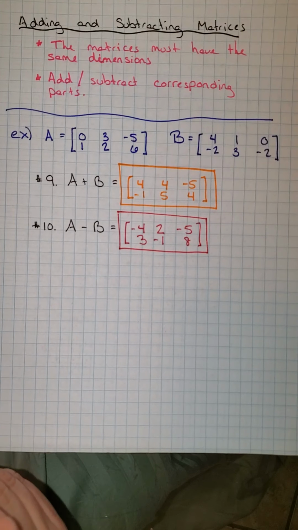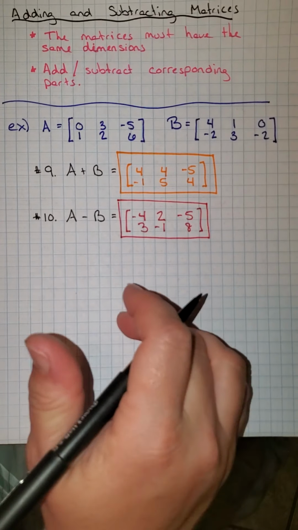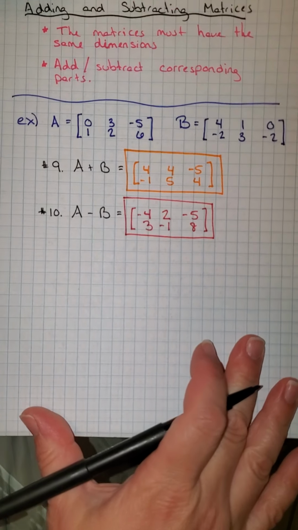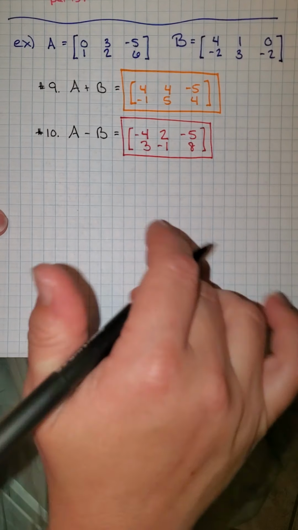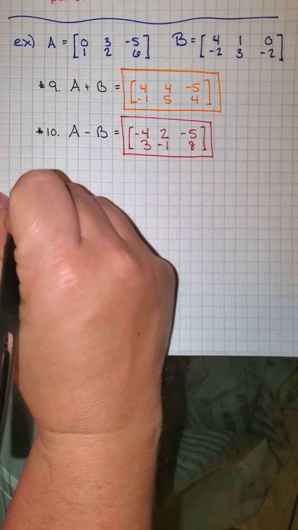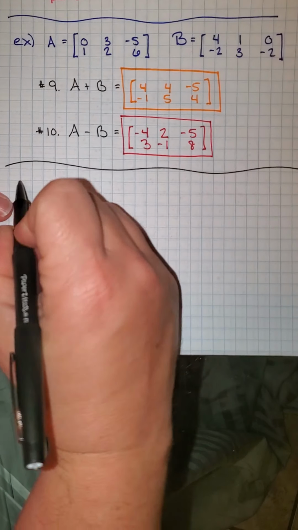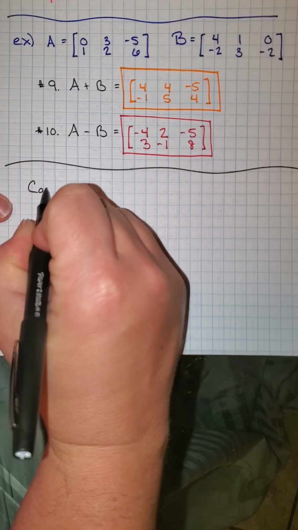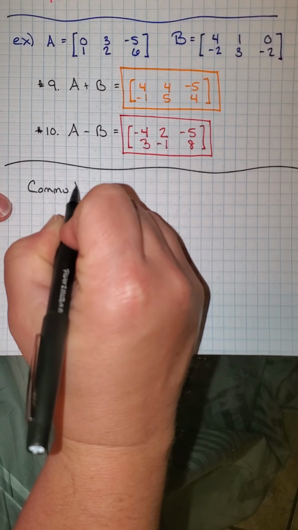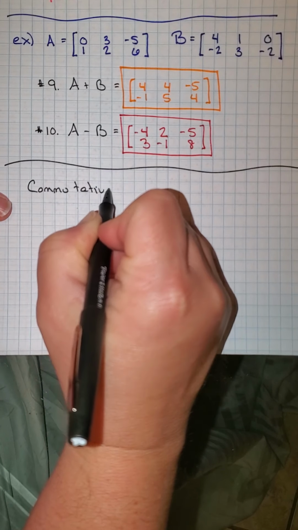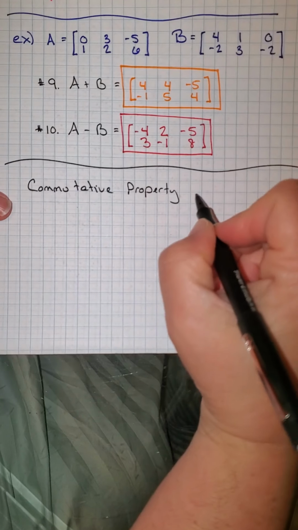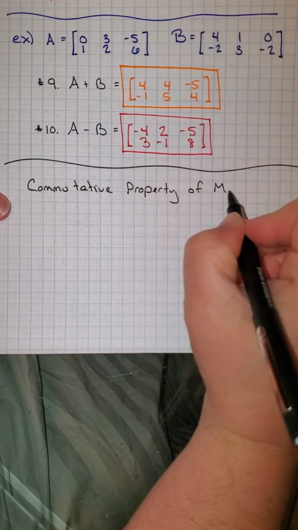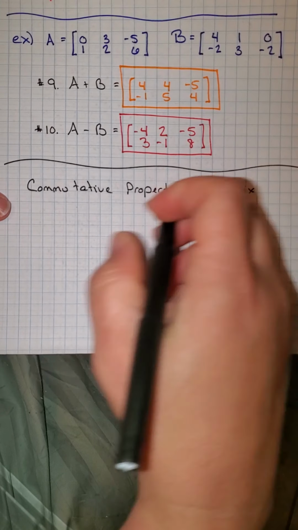And then the commutative property applies to matrices just like it did in algebra, like 2 plus 3 is equal to 3 plus 2, those kinds of rules. That one applies here too. Not all of them will. So commutative property of matrix addition is that you can do it both ways.